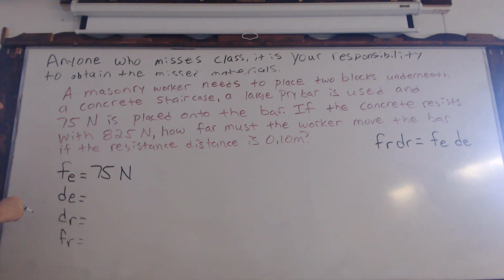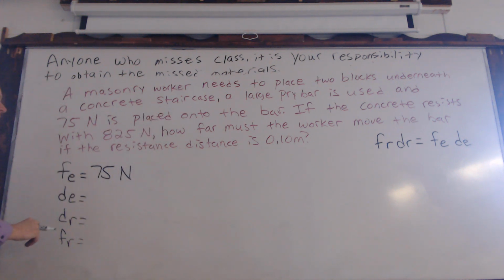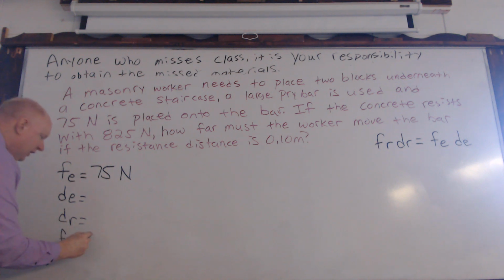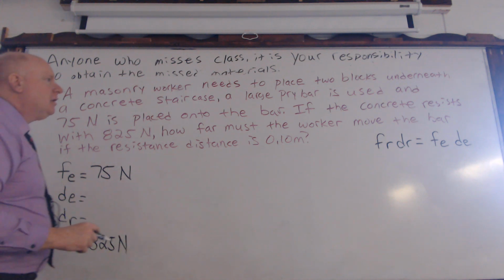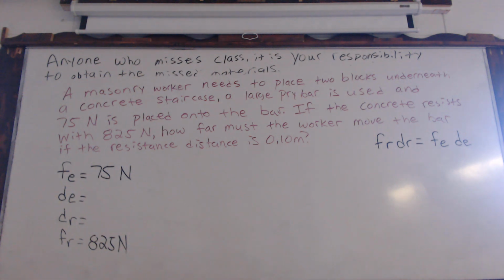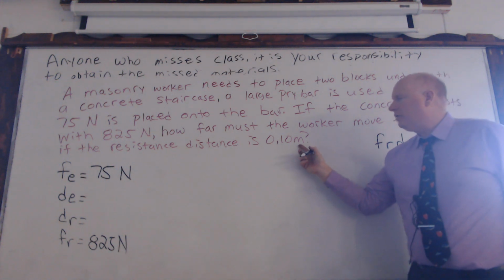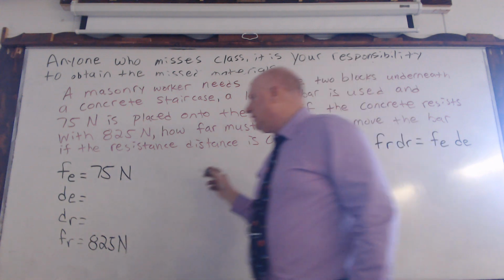Then if that is our effort force, then our resistance force must be what's left. If the concrete resists with 825 newtons, that goes for your resistance force, 825. So we've got one more number to contend with. What distance is this? It's measured in meters, and it tells you that it's the resistance distance.